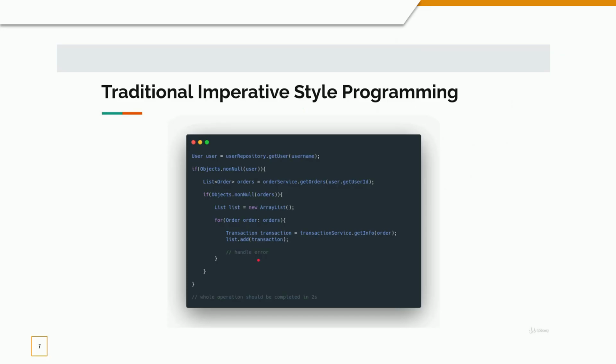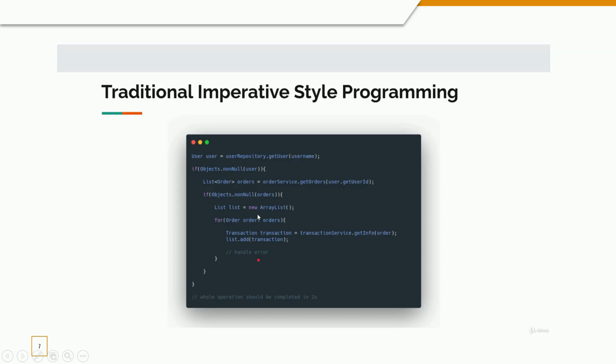This is the traditional imperative style of programming. If you see here, we are getting the user based on the username, and it is returning the user. So here we have the if condition that checks if the corresponding user is null or not. After that, if the user is there, it is getting the orders based on the user ID and returning the list of orders, and also it is checking whether the orders are null or not.